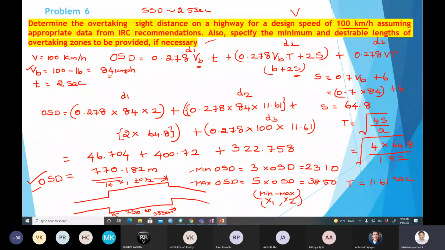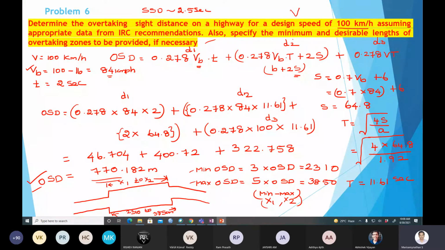I hope you now understand how we design or define the overtaking zone. Any doubt from this particular problem? It is very simple. Once again, I'm just explaining the same problem. Determine the overtaking sight distance with a design speed of 100 km per hour. They have not given any other data, so we have to assume as per the IRC standard.